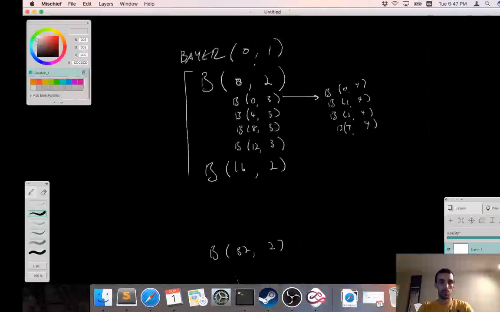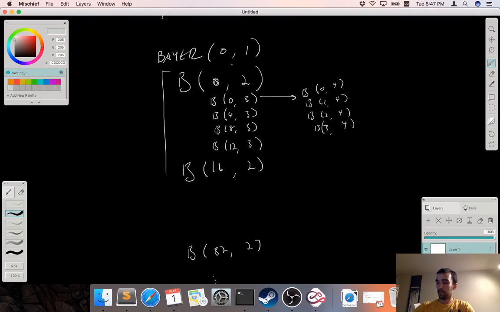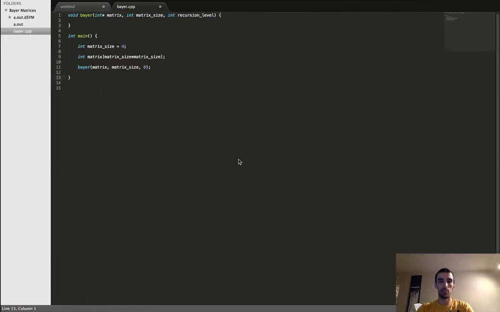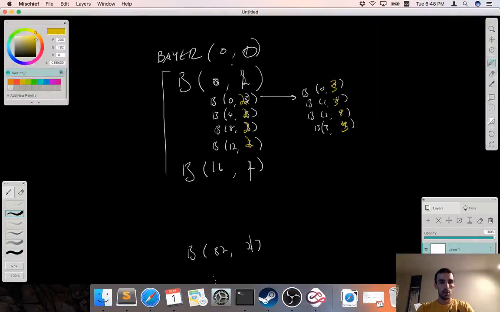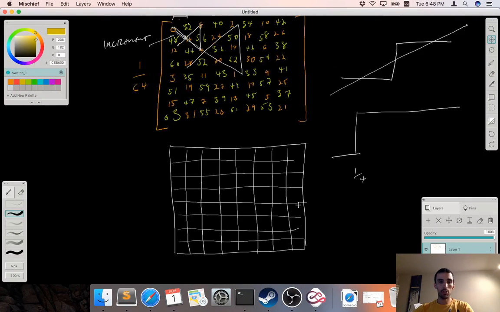So this should really say, if it's going to match what I'm about to code, 0, 1, 1, and this will be 2, 2, 2, 2, 2, 2, 2, and then this will be 3, 3, 3, 3. So my recursion level starts with 1. At recursion, I'm sorry, it starts with 0.